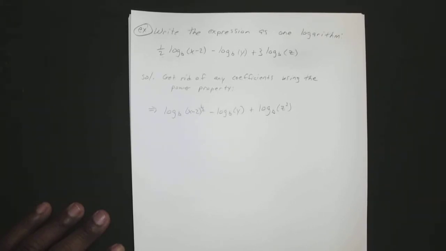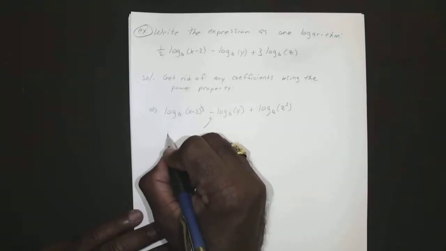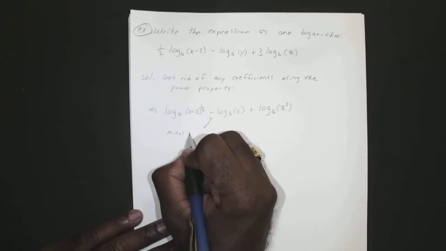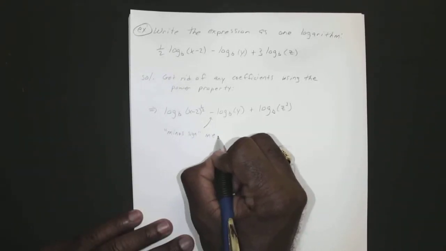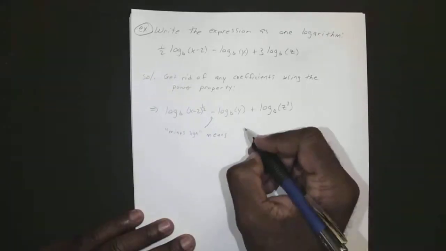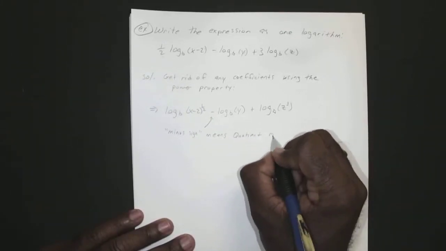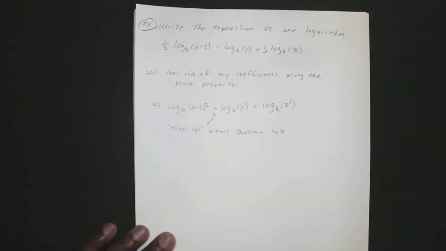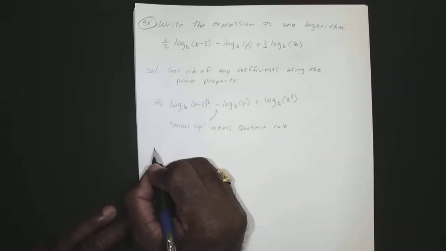All right. So now you're going to start looking at your signs. Here you see a minus sign, which means quotient rule. So that means these two just become a quotient.